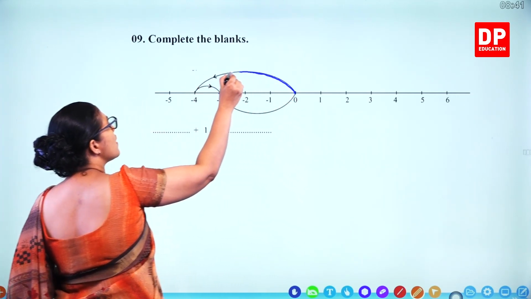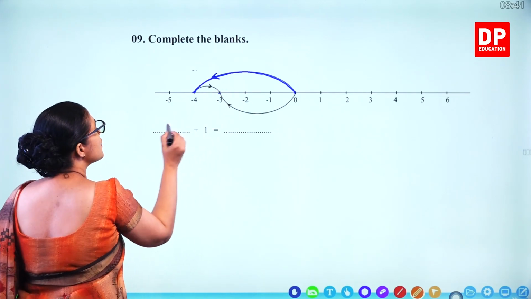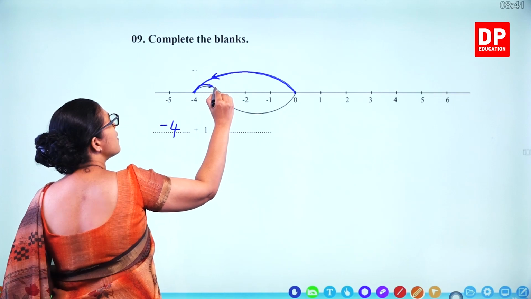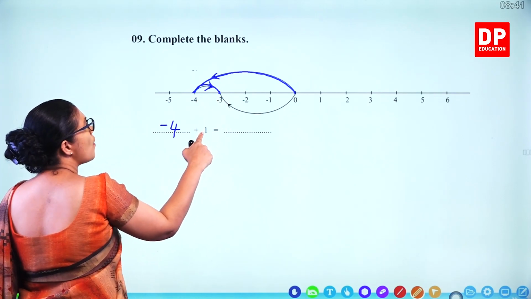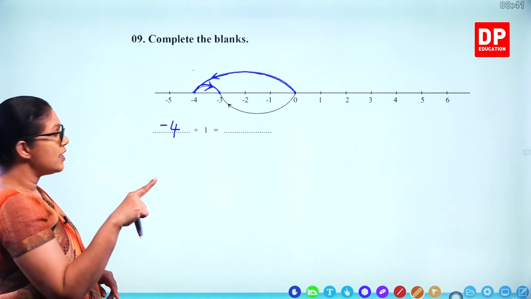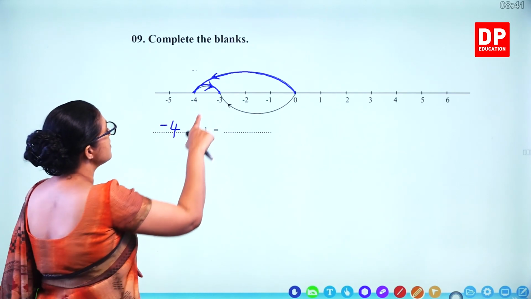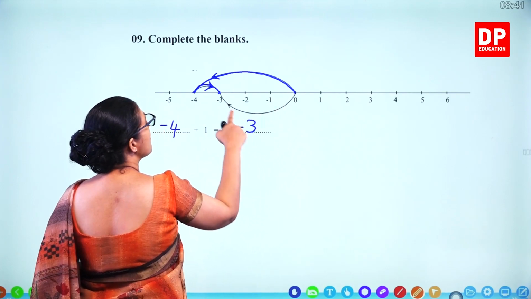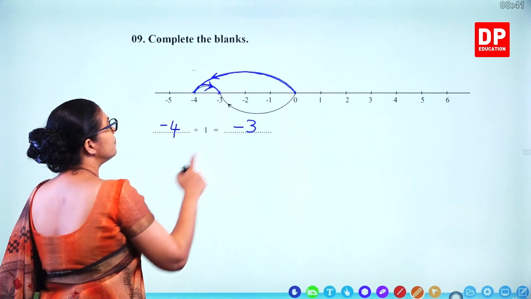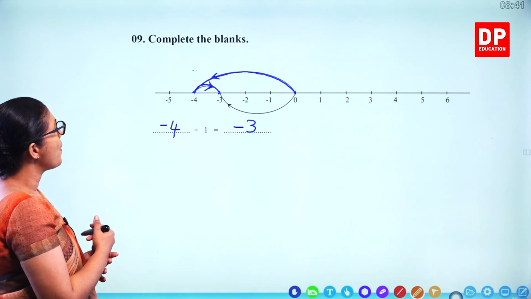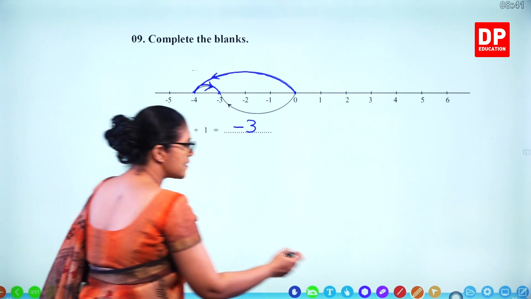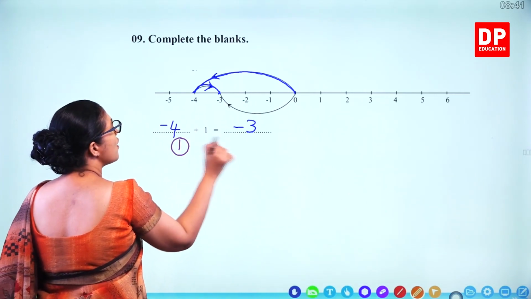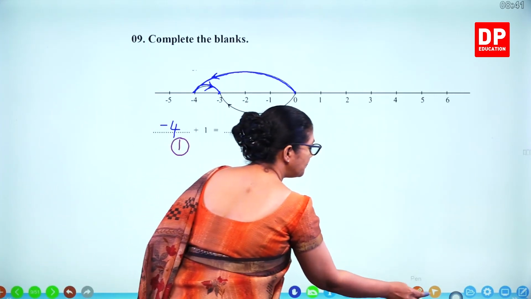So this one is the first one, minus 4. And then, now the other direction, adding 1. 1 unit to the right. So the answer becomes minus 3. So that represents from here to here. So minus 4 plus 1 becomes minus 3. You get 2 marks, 1 for each blank.